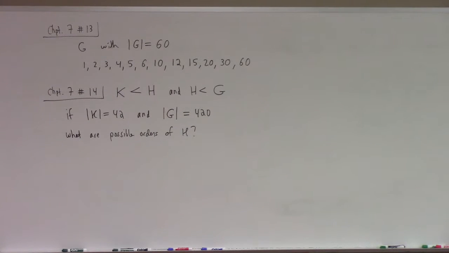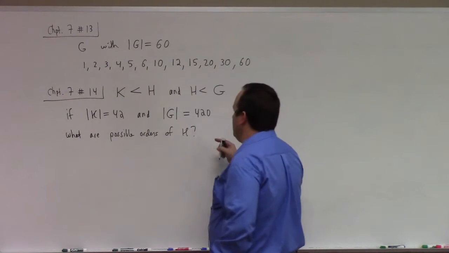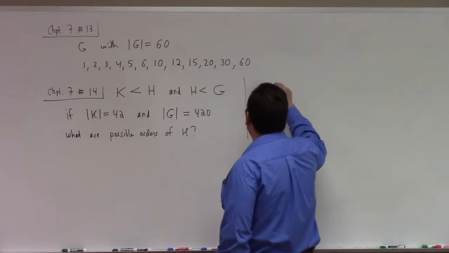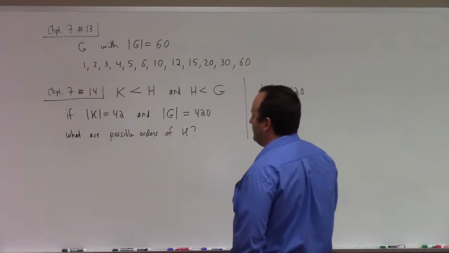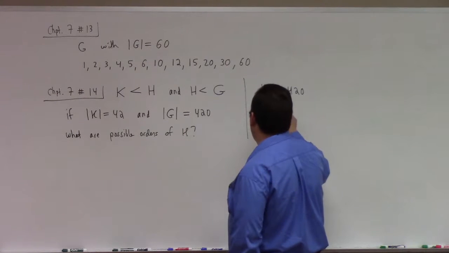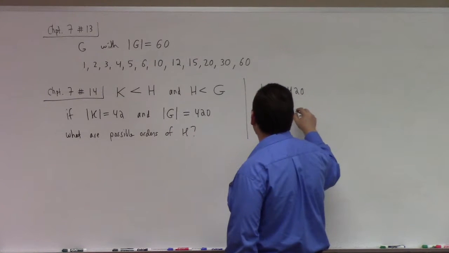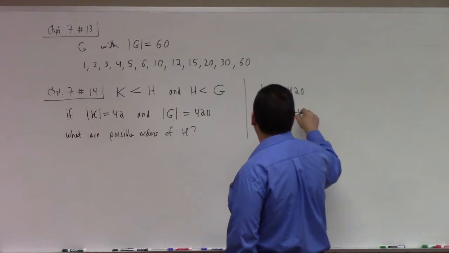Say 42 would be, yeah, let's see. I guess what I'd say is, first of all, one of the things we have is that the order of H is less than 420, which isn't especially enlightening. But we also know that the order of K is less than the order of H, right?